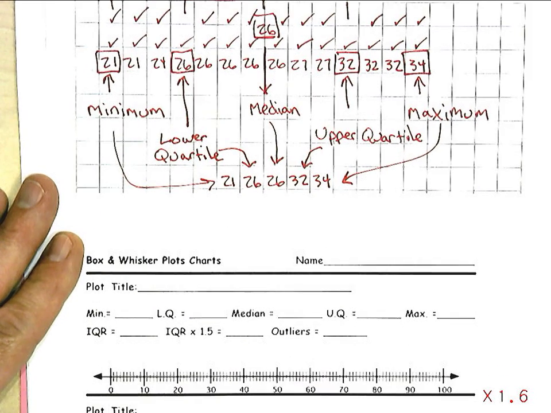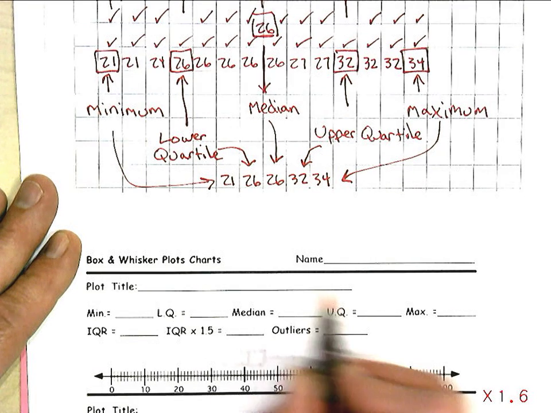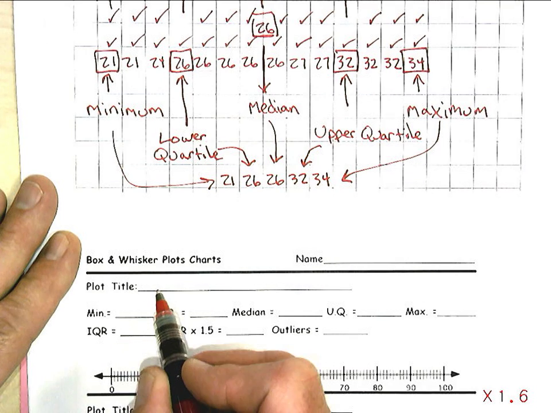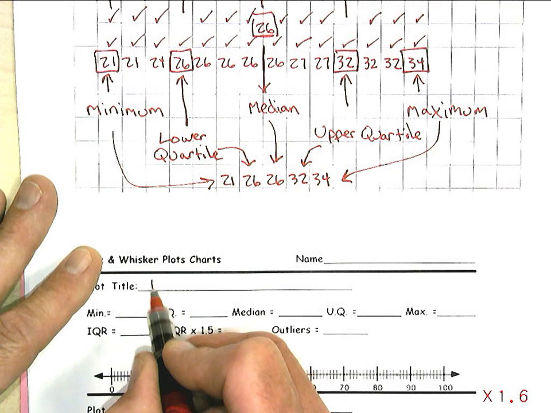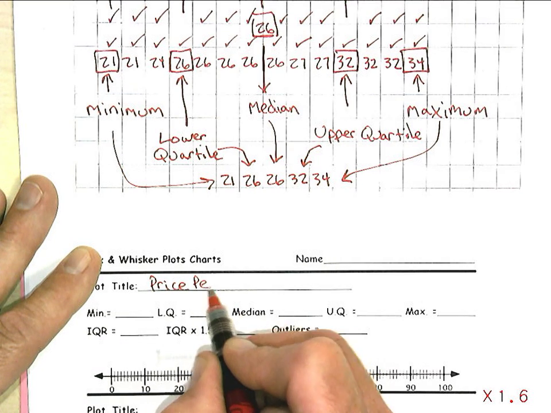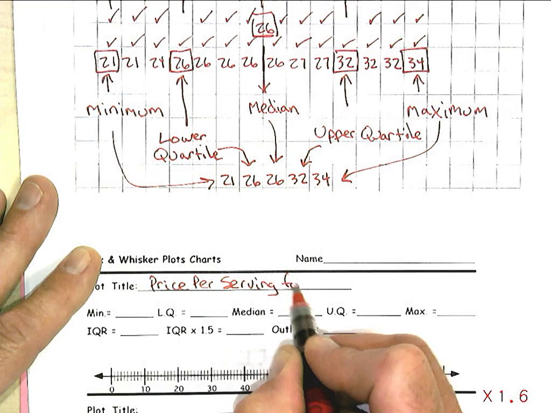So I have those 5 numbers, and I'm actually going to plot them on a number line. So I'm going to use this chart that I have made up, and these are the prices per serving for natural peanut butter.